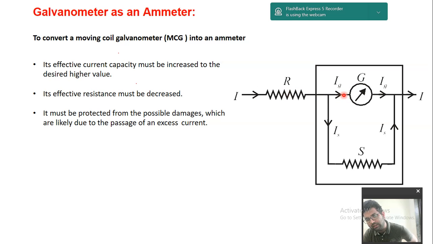So the galvanometer will take 1 milliampere of current from here, and the 9 milliampere of current that is remaining will pass through this way. So the galvanometer will know that for every 9 milliampere of current that passes through this, 1 milliampere of current is passing through me.